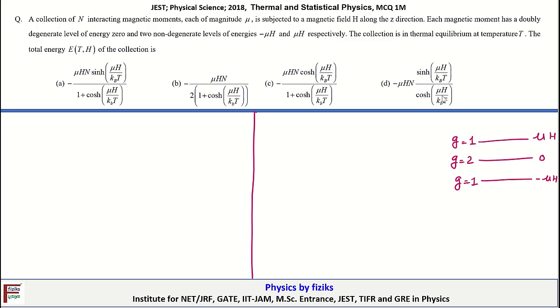This is a very simple problem and we can solve this by making use of the partition function approach. First of all we are going to find the partition function for one single spin.